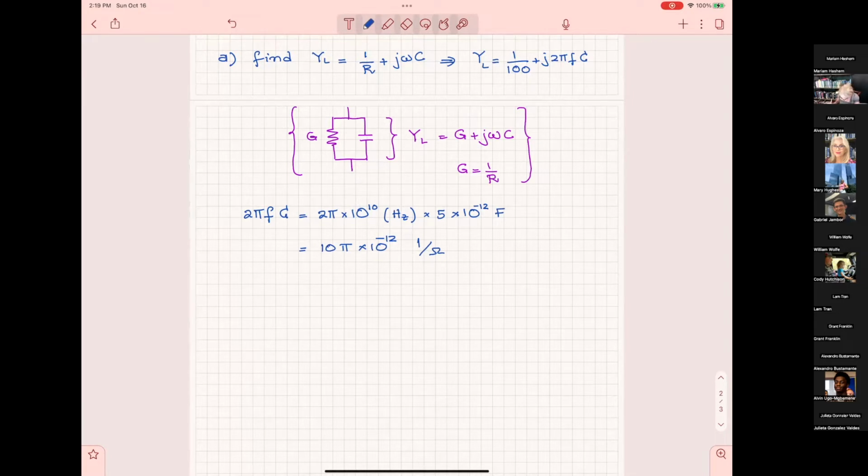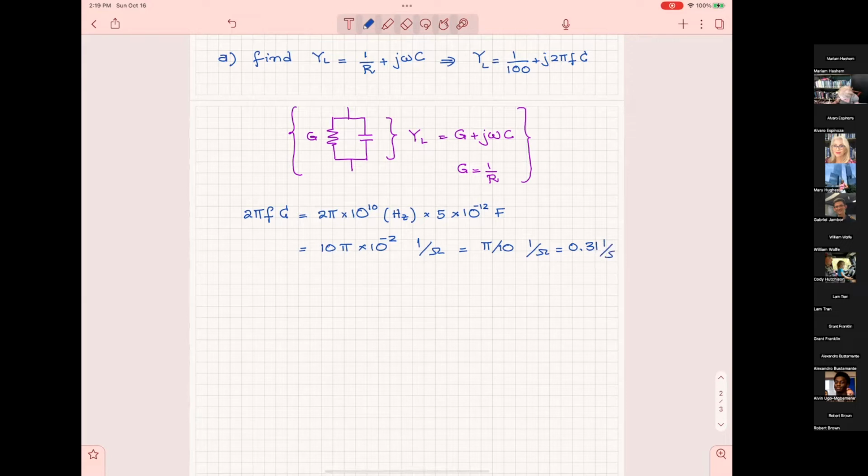All right, so now I have, since I found that... Professor, it should be to the minus 2. Yes, exactly, thank you. So now I'm going to make this pi divided by 10, 1 over ohm, which in fact is going to be 0.316. All right, still a small number, but that's okay.